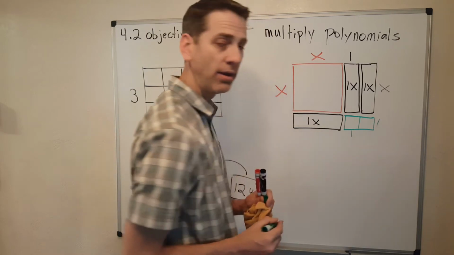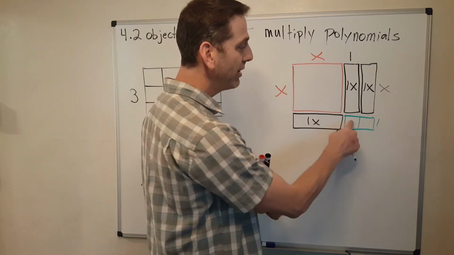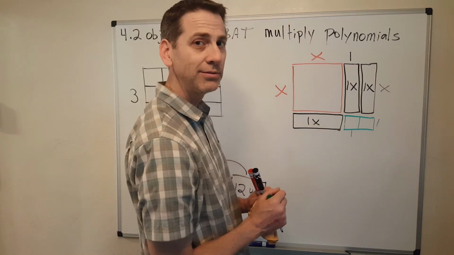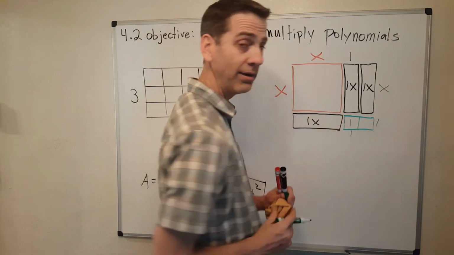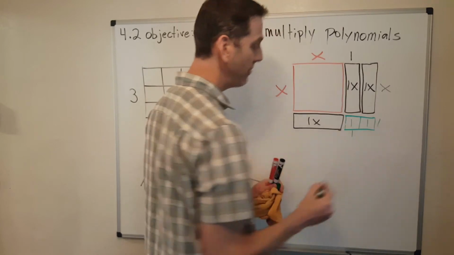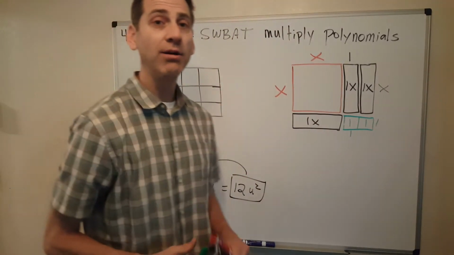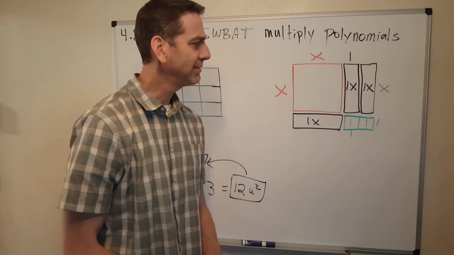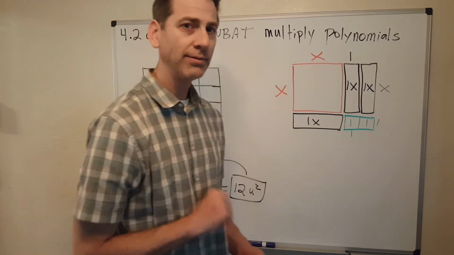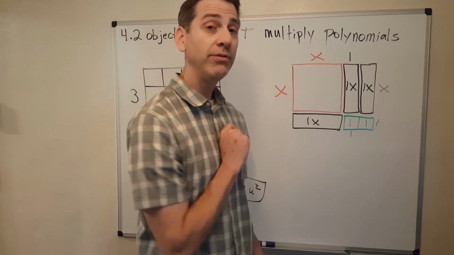So what's the area of that square? Well, 1 times 1 is, you got it, 1. And so both of them have an area of 1. Okay. So now let's see if we can, oh, I forgot one thing. The area of this red square.